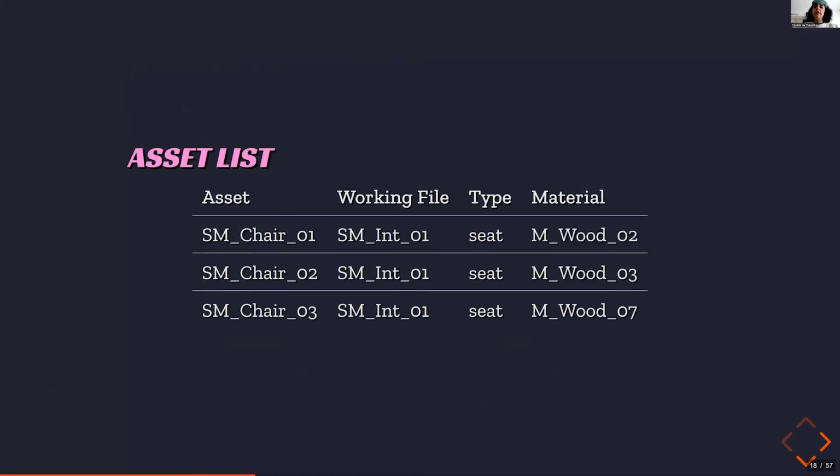So how won't you get lost with all of this information? Because you don't have to have it in memory. You will have an asset list, an Excel with different tabs: a tab for characters, a tab for environment, a tab for props, and another one for animations, with asset name, working file name, and what type of asset it is.